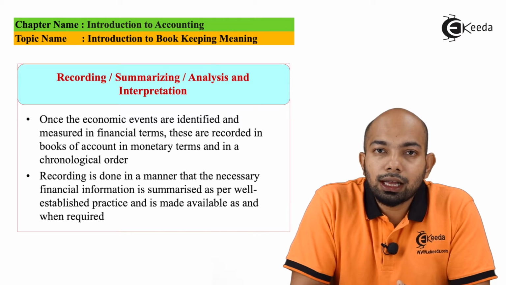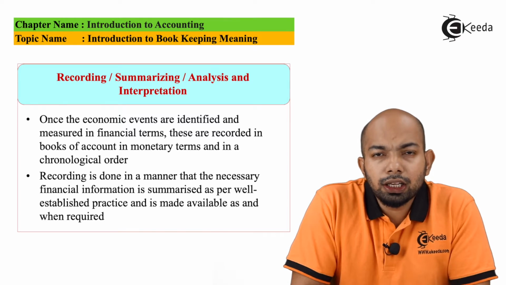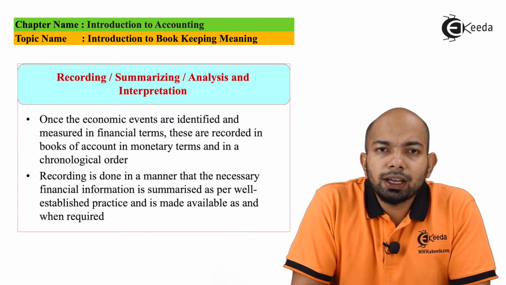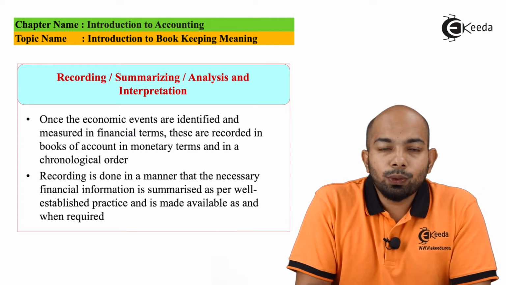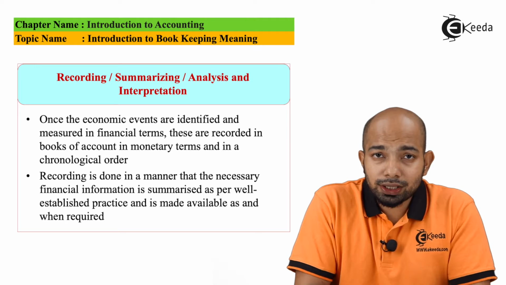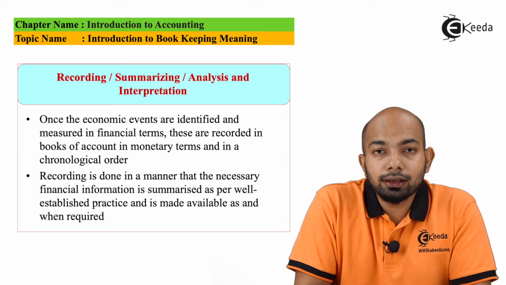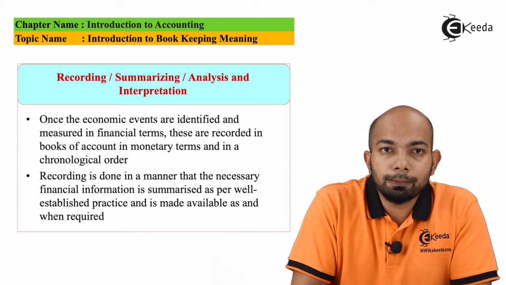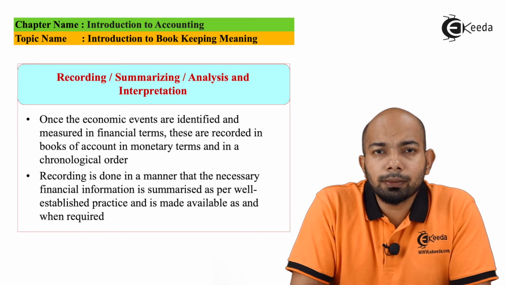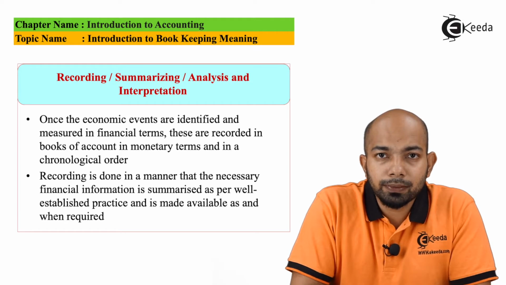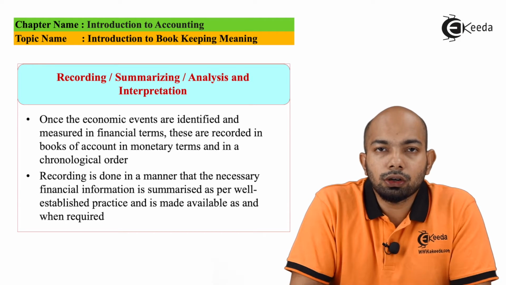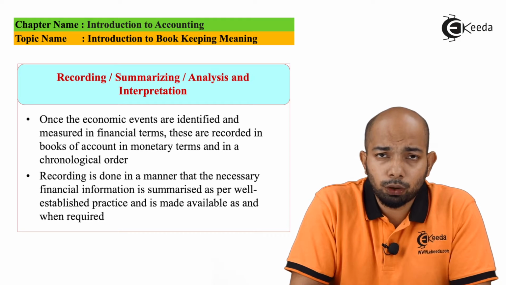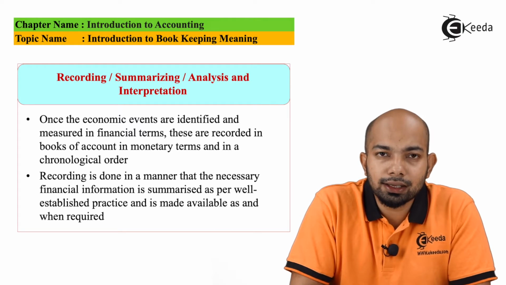Once the summary has been provided to him, he sees whether we are making profit or loss. He analyzes and interprets the financial position of the company through the summary report that we provide, such as the profit and loss account or the balance sheet.